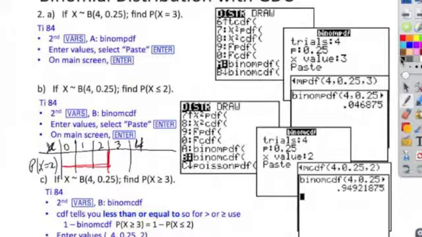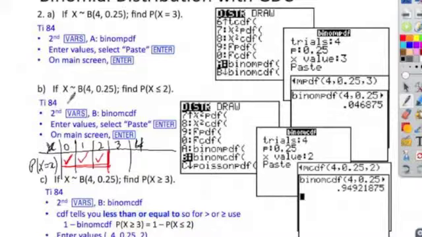It calculates the probability of x being 0, the probability of x being 1, and the probability of x being 2, and it adds up all those 3 probabilities.